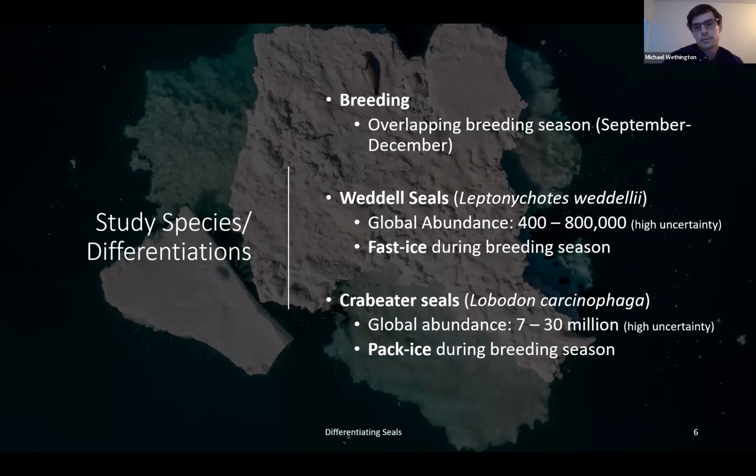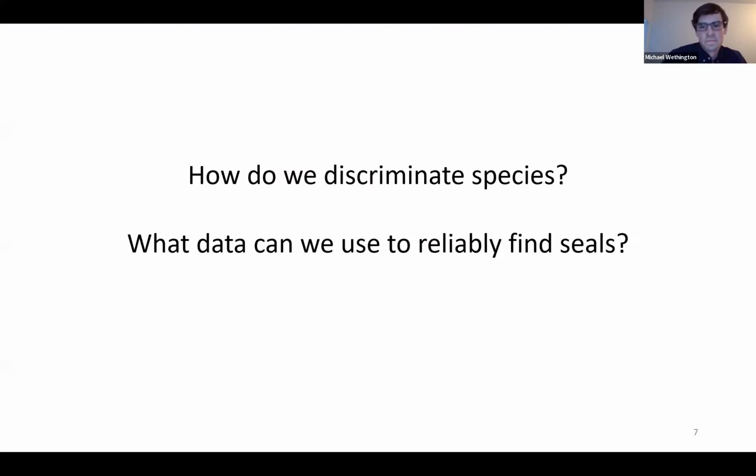Crabeater seals, on the other hand, are much more abundant globally, or throughout the Southern Ocean. But they really tend to rely on pack ice during the breeding season. And pack ice is like the picture behind what we're looking at, it's free floating, moves around with the ocean, versus fast ice. So these are our 2 focus species for this project.